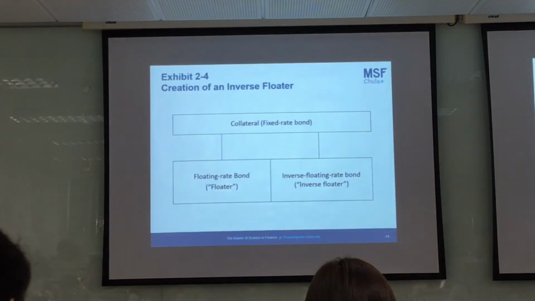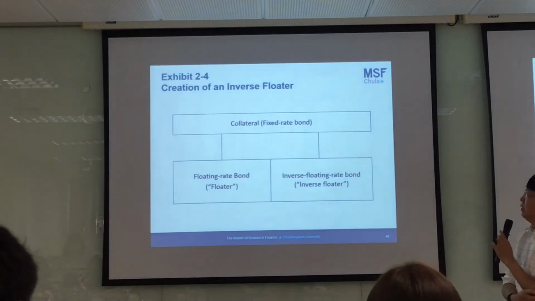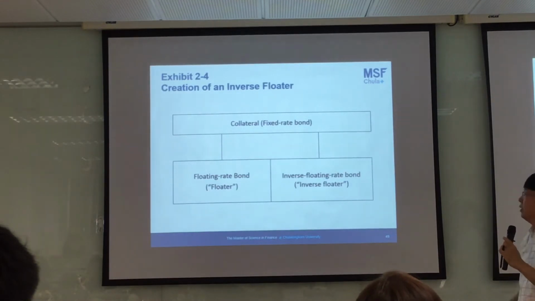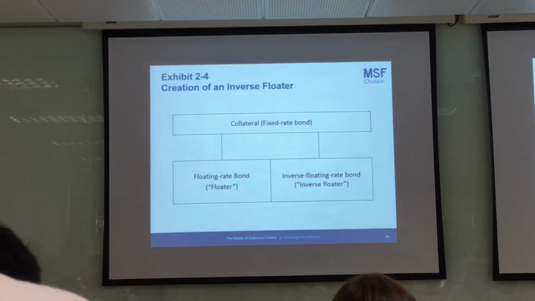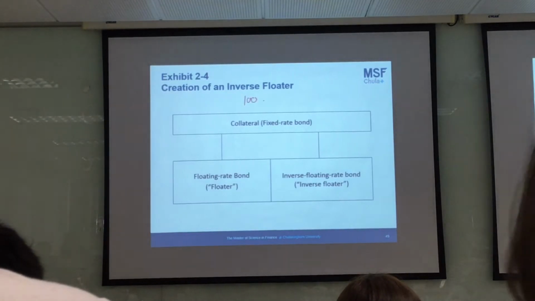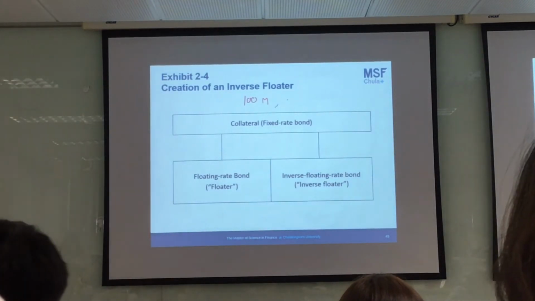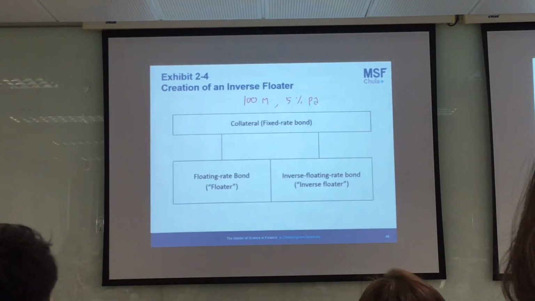Let me use this diagram to explain how to construct the inverse floater. In order to construct the inverse floater, the dealer or the trader must buy a fixed rate coupon bond first, and this is called collateral. Suppose I give you a numerical example. Suppose the trader buys 100 million, and this bond pays a 5% coupon rate.